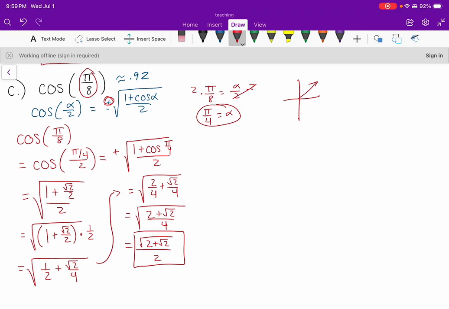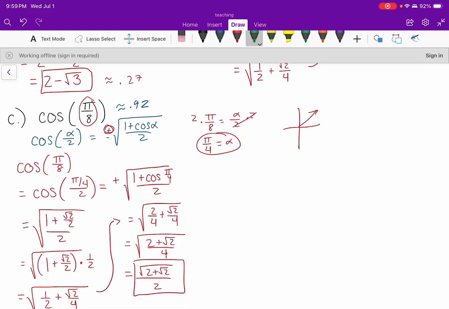There is one more thing I wanted to say about this one. Just like I said earlier, if the radians are hard to work with for you, you can always switch that to degrees. So pi over 8, if I wanted to switch it to degrees, I'd multiply by 180 over pi. So this would give me 22.5 degrees.